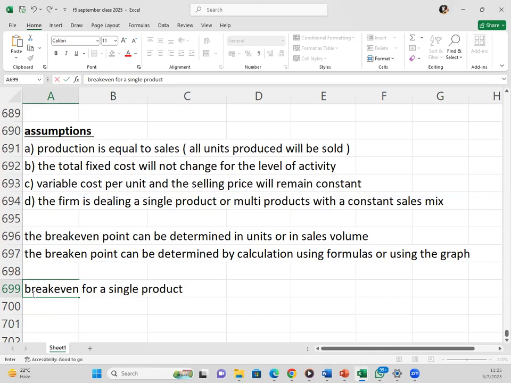So the break-even formulas, if we are dealing with a single product. The first formula is calculating the break-even point in units.